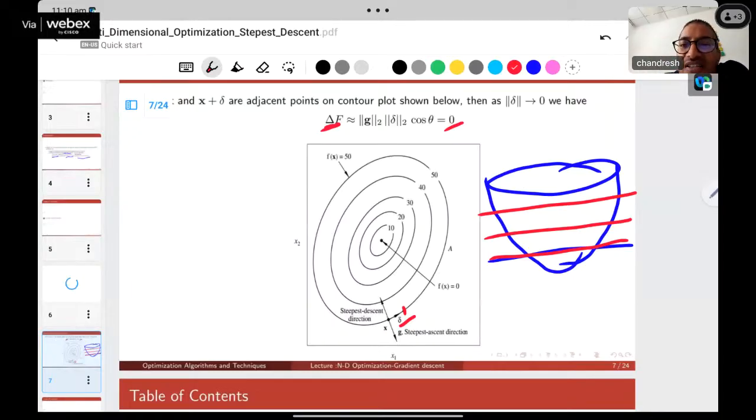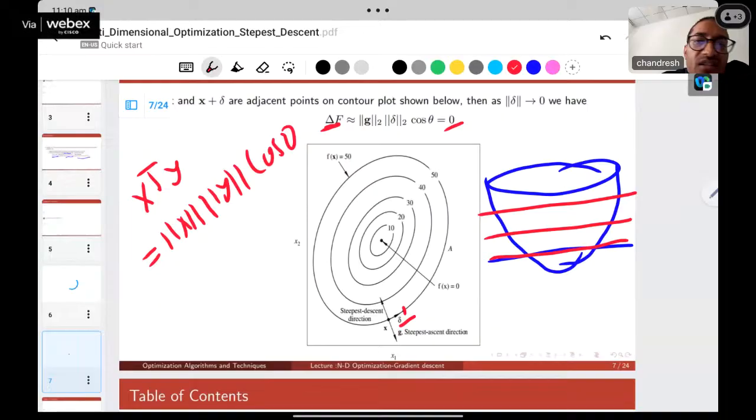Now this change is 0, and we use the definition of the dot product of two vectors. The dot product of two vectors is given by x transpose y equals norm of x, norm of y, cos theta. This must be familiar to you as well. And this term is 0.